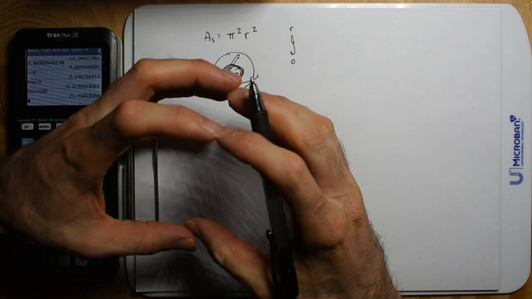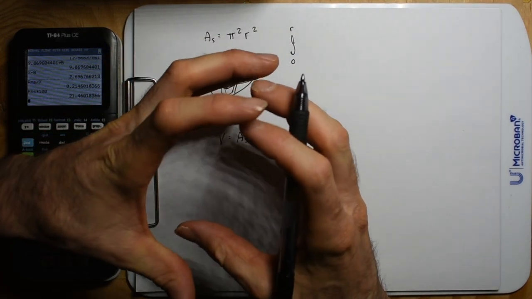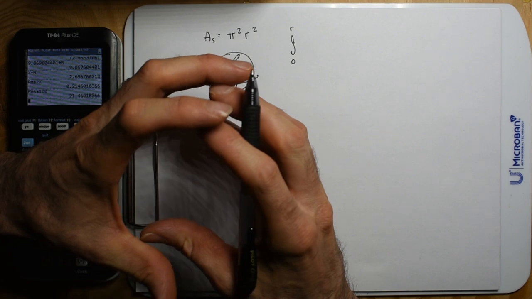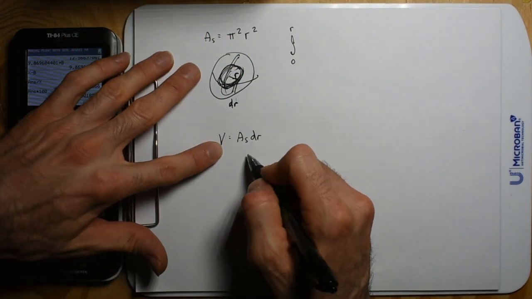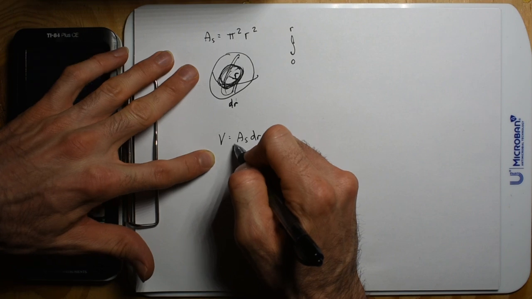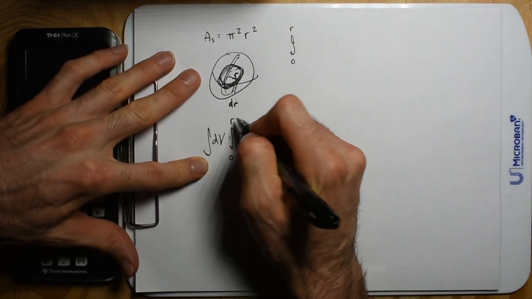That's dr, as long as the thickness is super small. It'll be the volume, that's dV, and then we integrate from r is 0 to r.